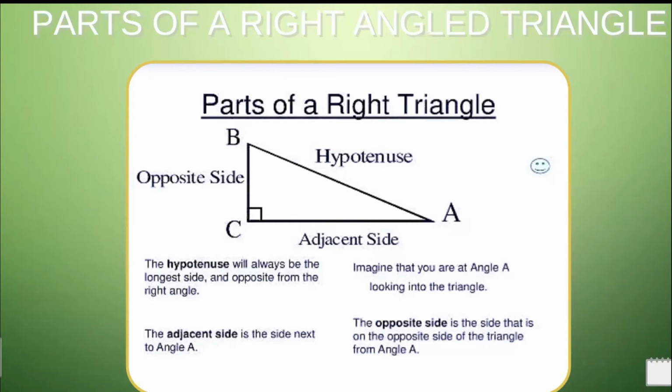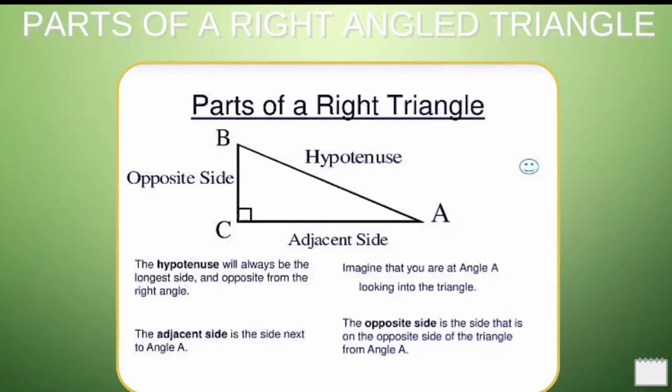We're not talking about the 90-degree angle, but about the angle at A. There should also be an angle at B, but our focus is on the angle at A. And so the opposite side is directly opposite to that angle.